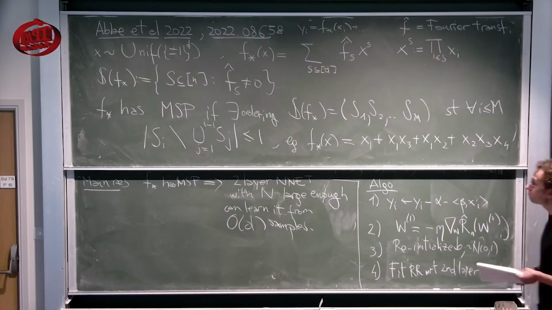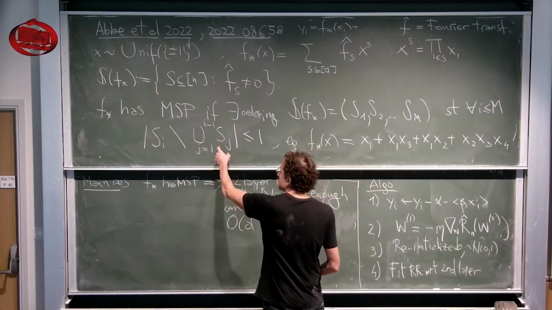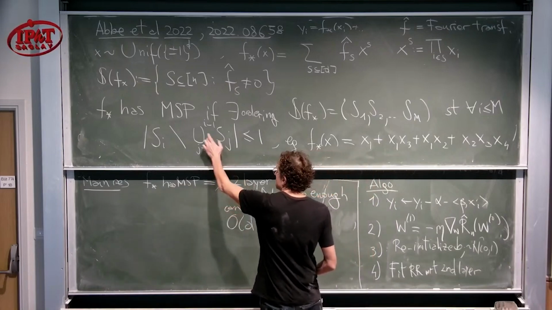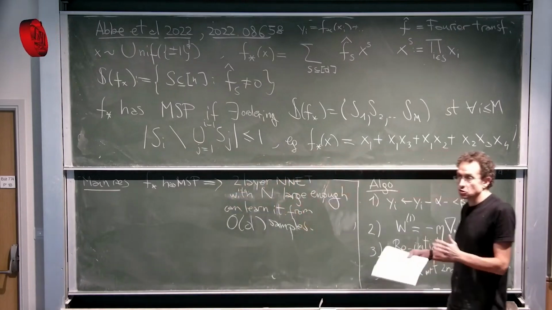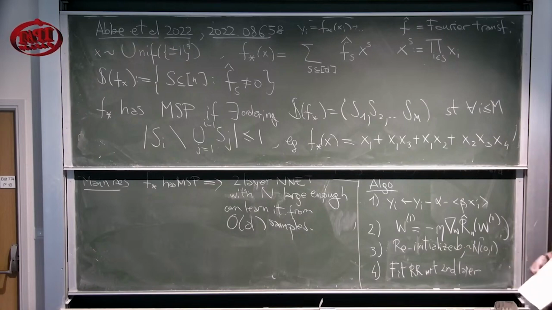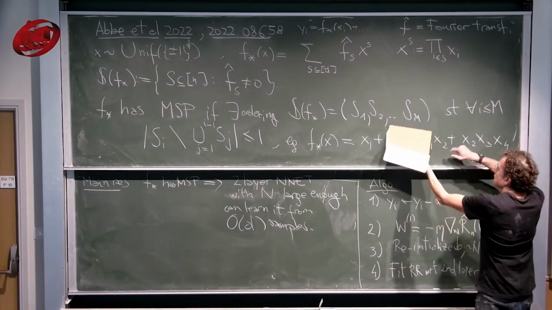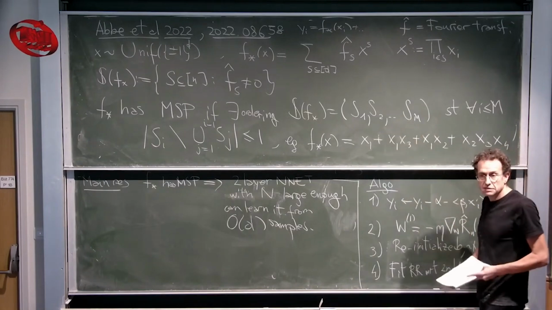I don't remember exactly, but I think this holds as long as the maximum Fourier coefficient of the total support has some bounded size. Right? So this must contain more than one term. But what is nice is that you get order d samples, while if you had only this term, you would get polynomial.